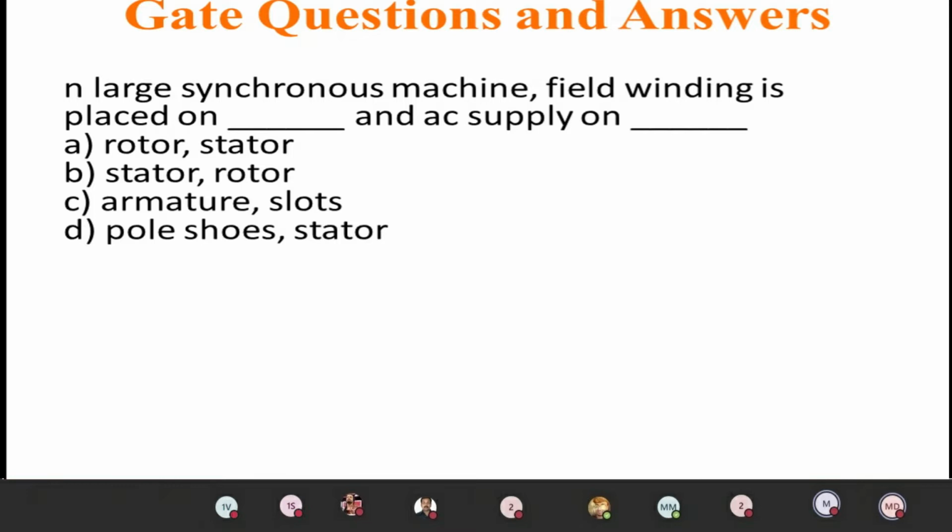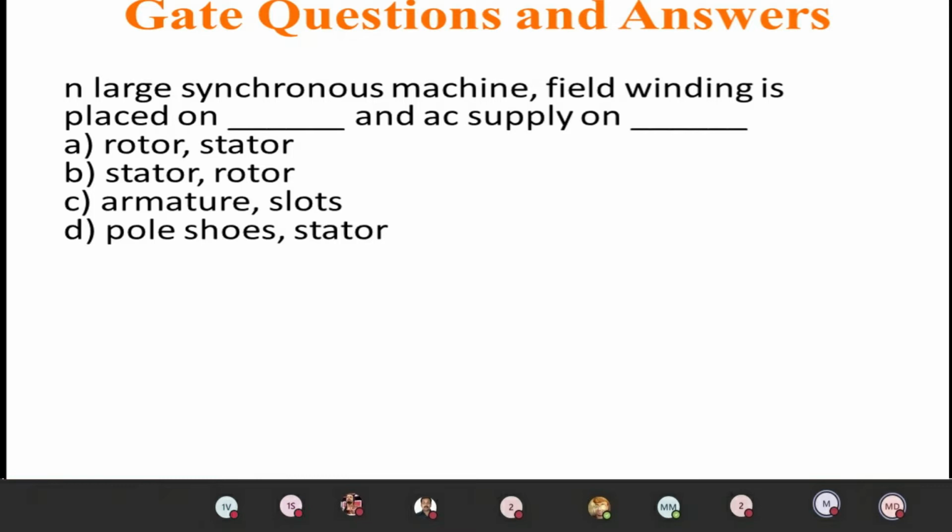Because due to the variable loss, the conductor starts to increase in temperature. That raised temperature is carried away by the demineralized water. Demineralized water is an insulating one, so it does not conduct with the supply. Due to that, we can use demineralized water for cooling.